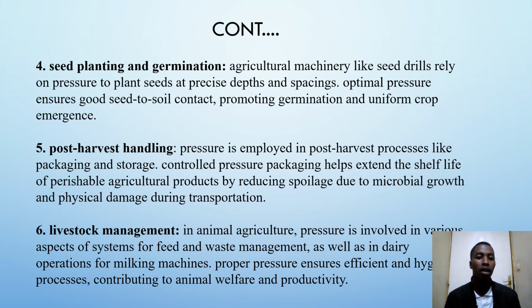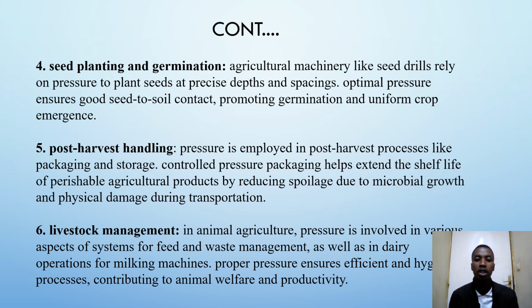Let me continue with the fourth point about pressure in agriculture. Seed planting and germination. Agricultural machinery like seed drills relies on pressure for seed planting and germination. The fifth one, post-harvest handling.